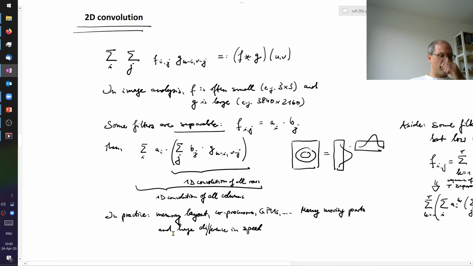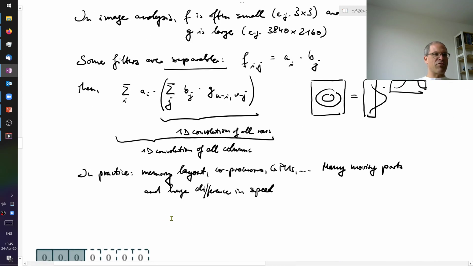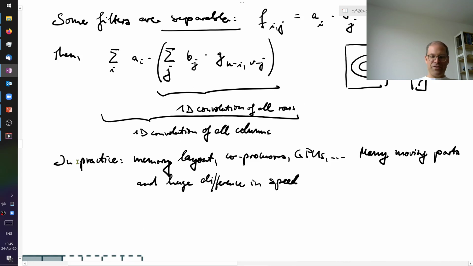All right. Now, it's good to have implemented convolution yourself once in your life to make sure you understand it. In practice, there are, I think, hundreds, if not thousands, of software engineers in these large companies. Because convolution is such an important elementary operation, there are armies of people working on making this efficient. And so when I here talked about convolving rows or columns, then of course one of the things that really matters is what's the memory layout of your image in the memory.